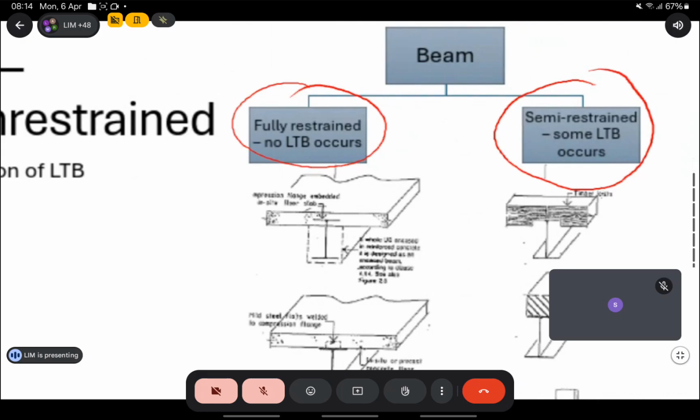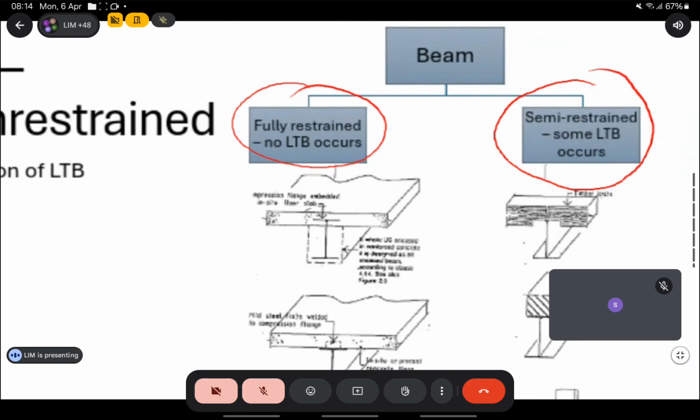Depending on which type your beam belongs to, you have to take a different approach in the beam design.